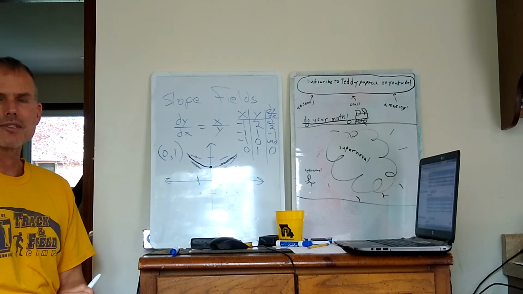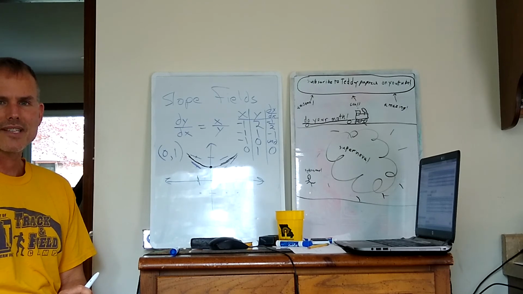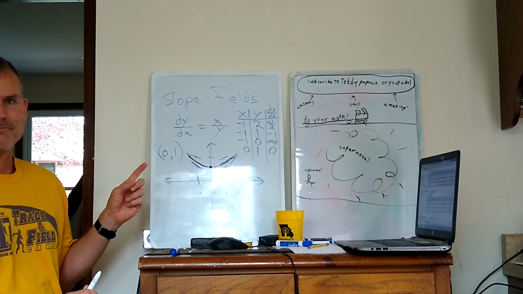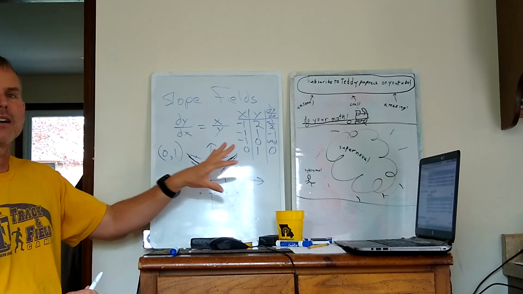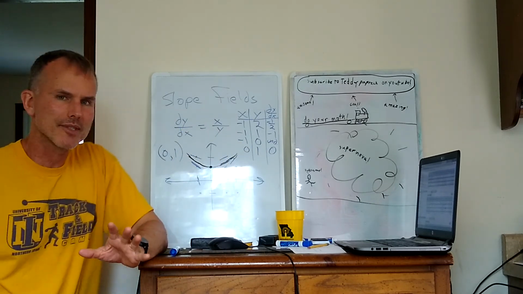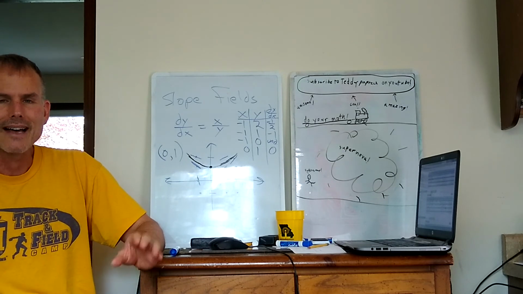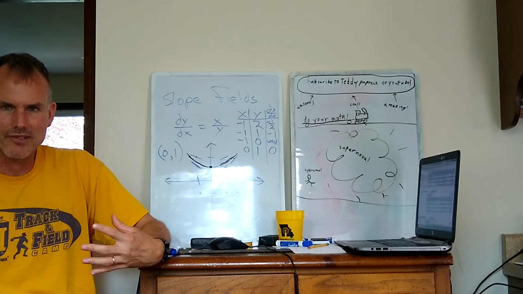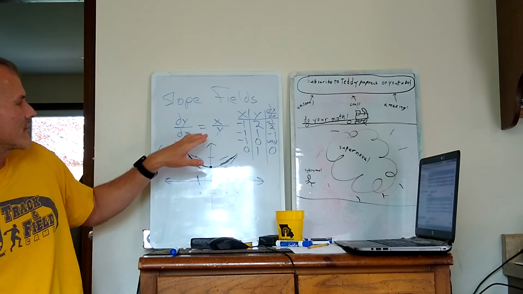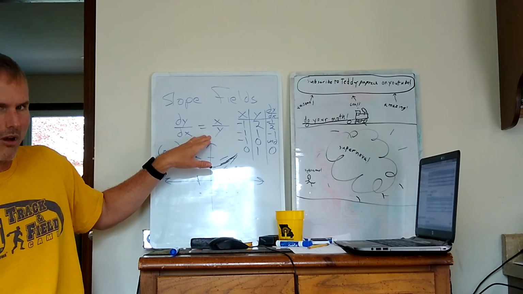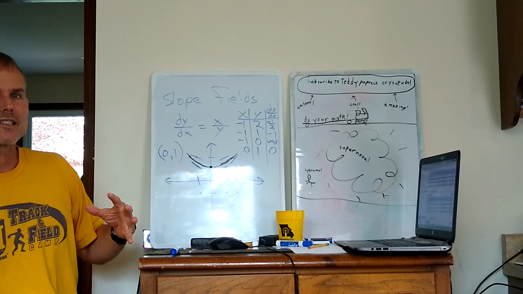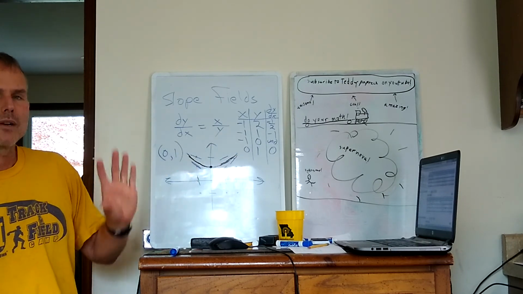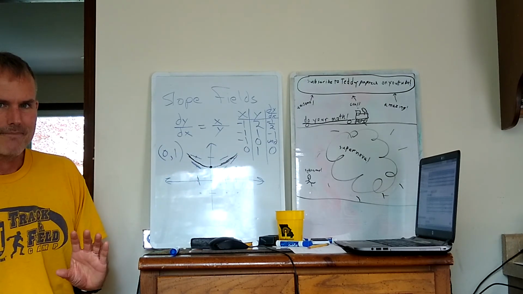It's that simple. Slope fields are a very simple concept. What you have to understand is, number one, a slope field in general is a graphical representation of the general solution. The general solution to a differential equation algebraically represents a family of functions, all of which satisfy that differential equation and differ just by a constant. The slope field represents that same concept graphically.